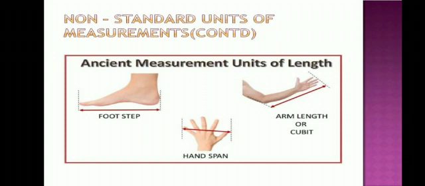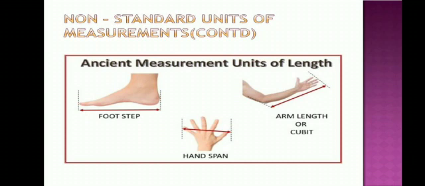The distance measured by the foot is called footstep. Handspan. The distance between the thumb finger and the small finger when it is stretched is called handspan. Cubit. Cubit is also called arm length.